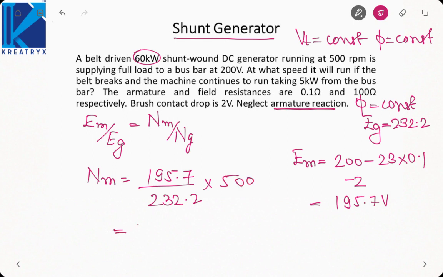So this will come out to be 421.4 RPM. Okay. So that is how you do such kind of problem where a generator is converted to motor.